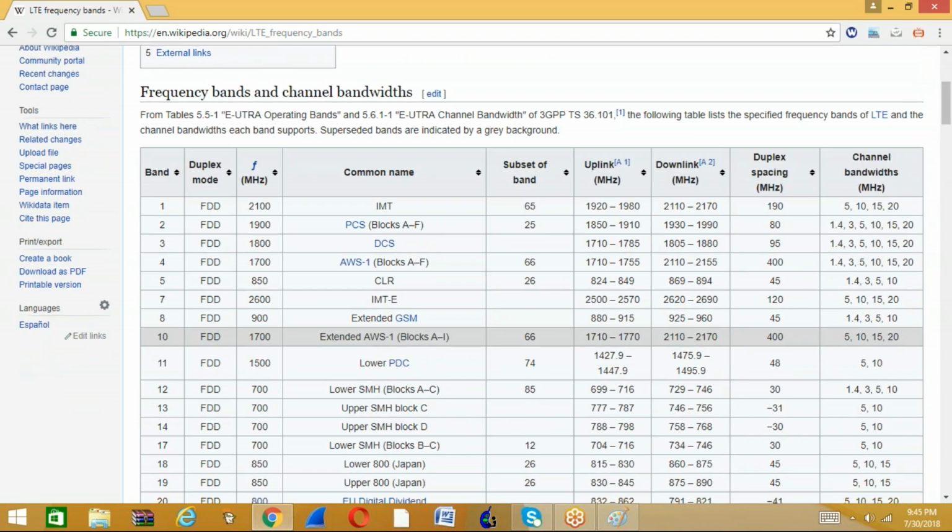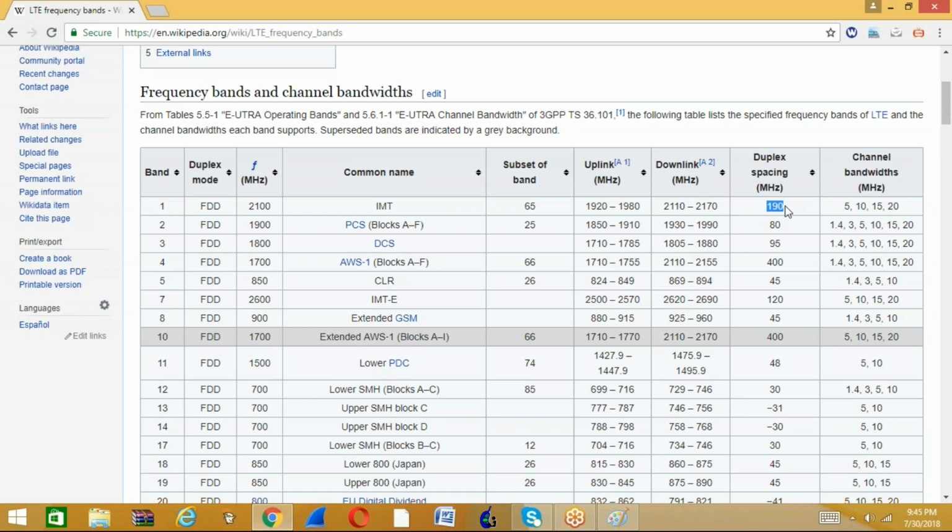So what is band number 1? Band number 1 frequency is 2100. 1920 to 1980 is uplink, this is what we have discussed, and 2110 to 2170 is downlink. What is its duplex distance? 190 megahertz.